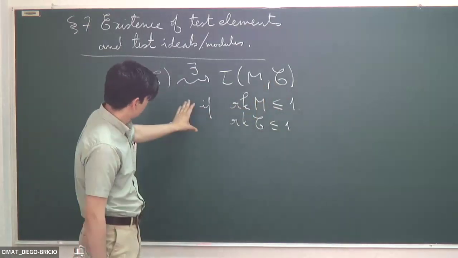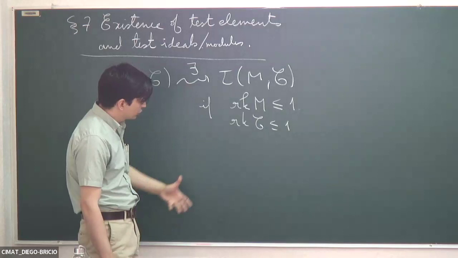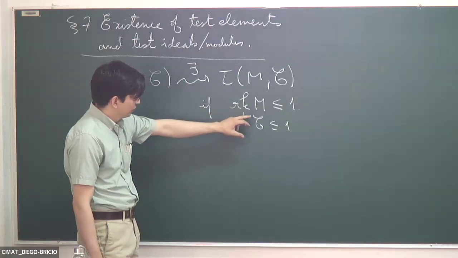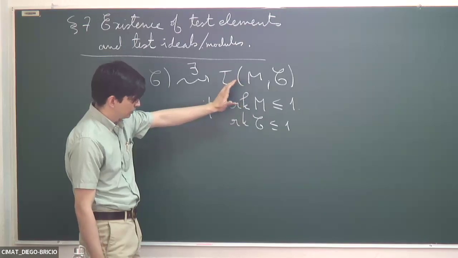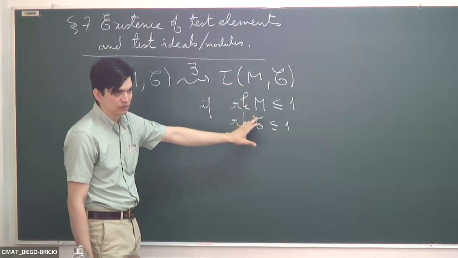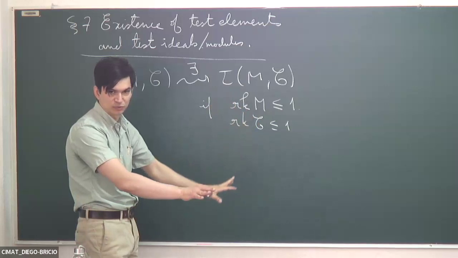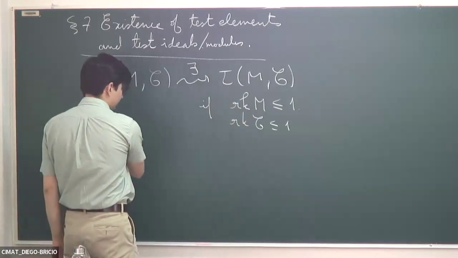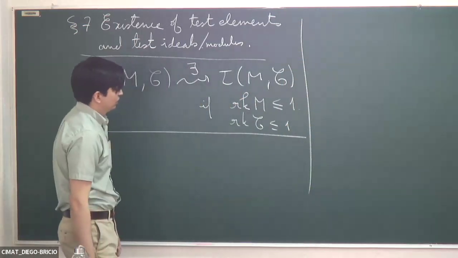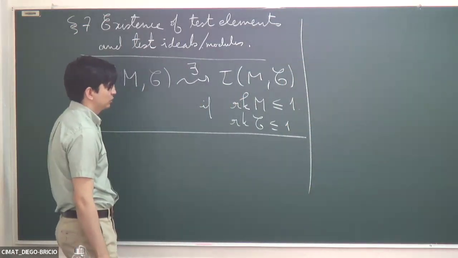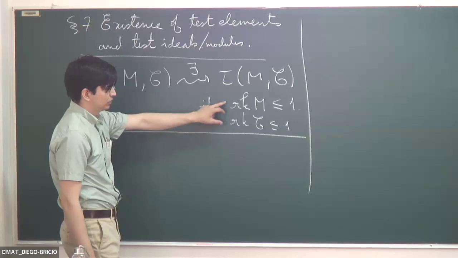But this is conjectured to hold in general. Actually, if you restrict yourself to algebras of finite type, you don't need any of these hypotheses. But we won't do that proof, because actually the only cases we care about in this course are these two.